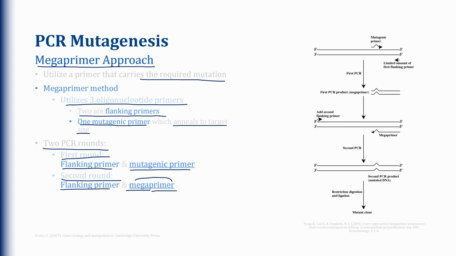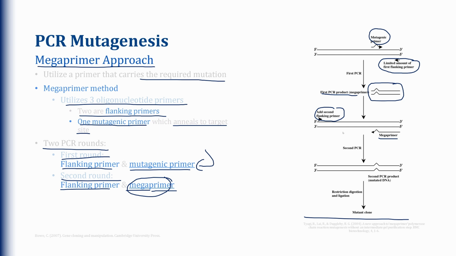And so the Megaprimer is going to be produced by this first round of PCR. So you'll see what I mean here. So here to the right, you can see a figure. You can see that you're using a mutagenic primer here with a limited amount of the first flanking primer. What that's going to produce is this Megaprimer that you see here. And the Megaprimer is then used with the second flanking primer.